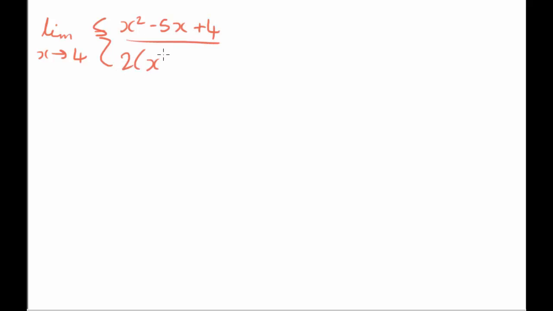So I'll just do an example of it here. I'll do the example I did in the first tutorial, but using L'Hopital's rule. So x squared minus 5x plus 4 over 2 times (x squared minus x minus 12) is equal to 0 over 0.